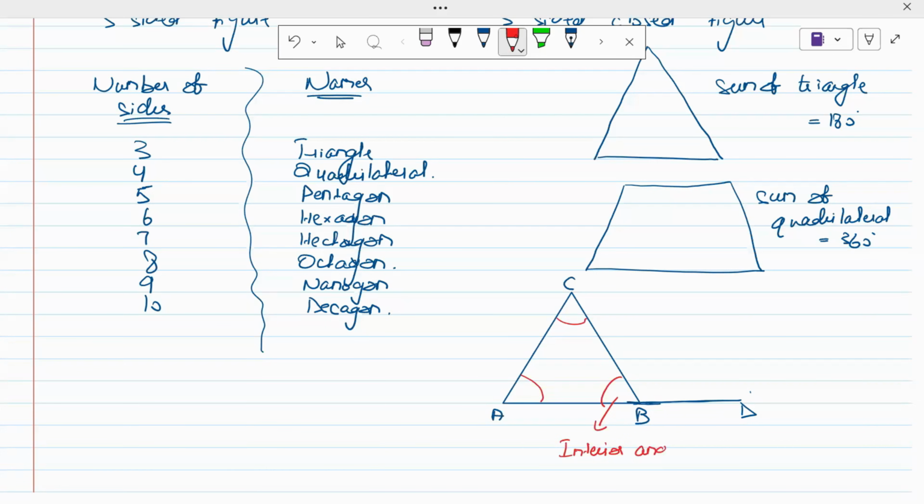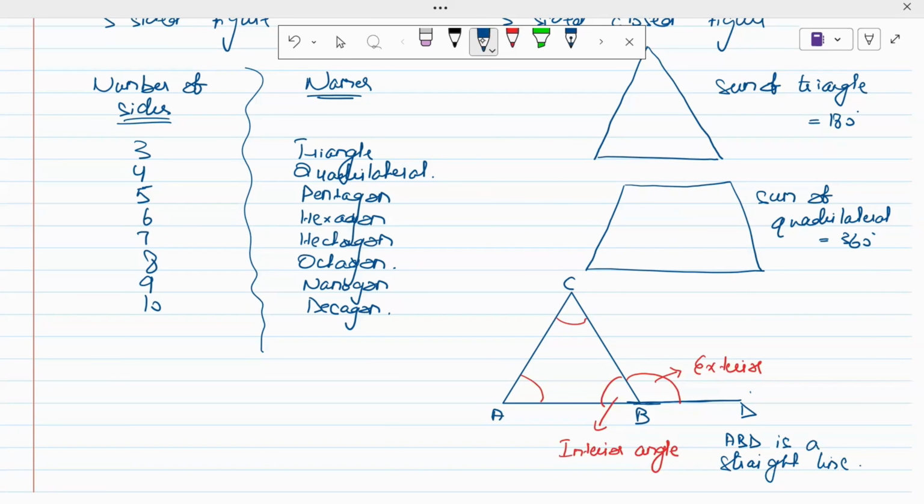Then we have one more term which is called the exterior angle. The exterior angle is the angle formed outside the interior angle. This is always obtained when you extend one of the lines of the interior angles. I am using the word extend; extend means this has to be a straight line. ABD, in this case, is a straight line. Since it's a straight line, you should apply the properties of a straight line here.